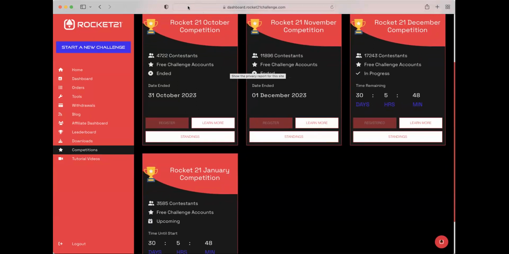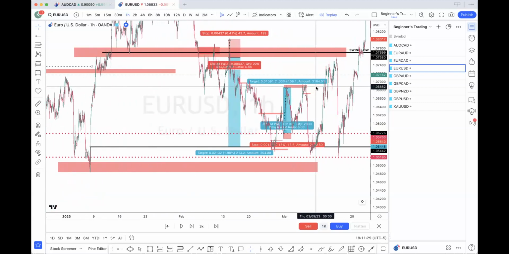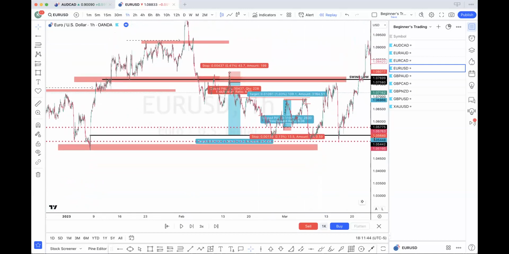The plan is to go back to TradingView and use the challenge or the competition to only put in the trades that we use with this particular strategy.